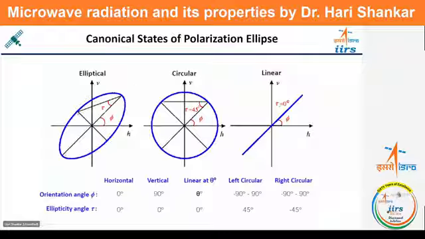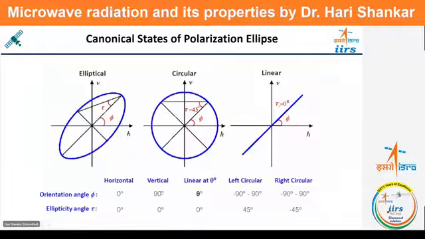It means the distance from here to here will be 0, so this line will lie on the x-axis. So everything is lying on the x-axis, and the x-axis is horizontal polarization. In that way, you can imagine the values of phi and tau and understand accordingly.